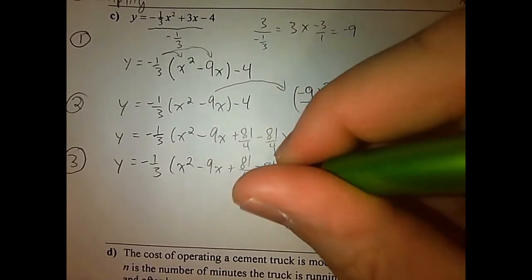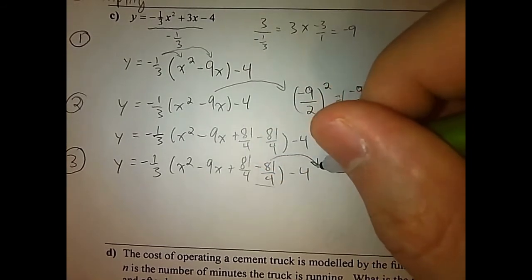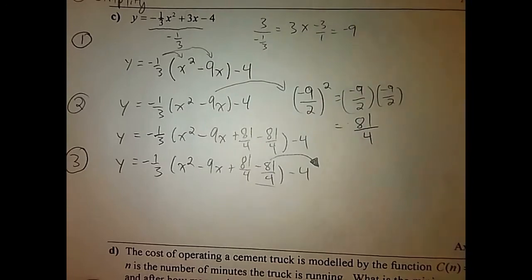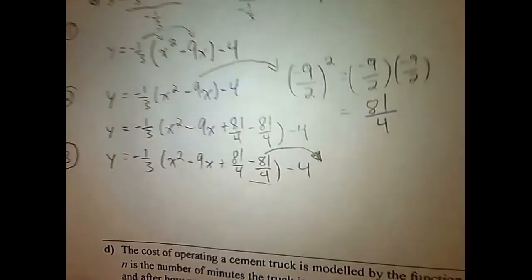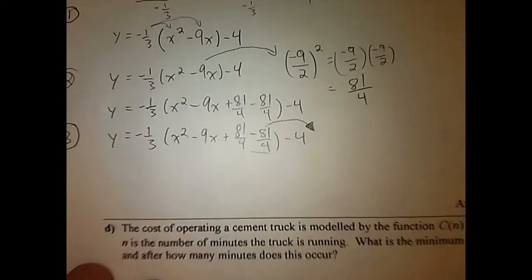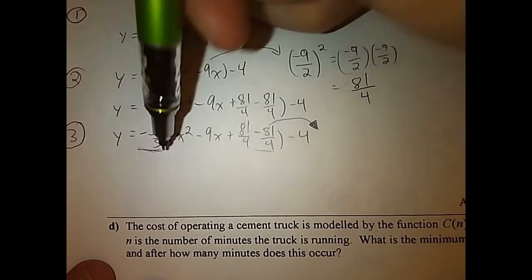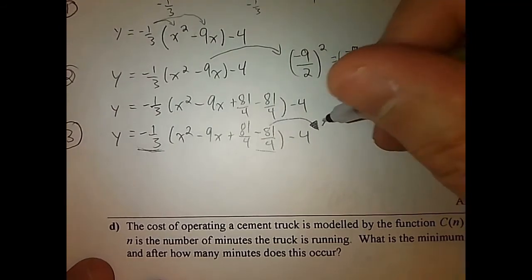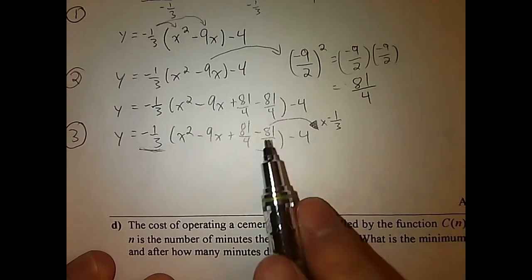We're going to move this one outside, and the other rule we have to remember is we have to multiply it by the common factor in the front. I was pausing, hoping somebody would be yelling it out to the screen. So times negative 1/3 when it moves out of the brackets.